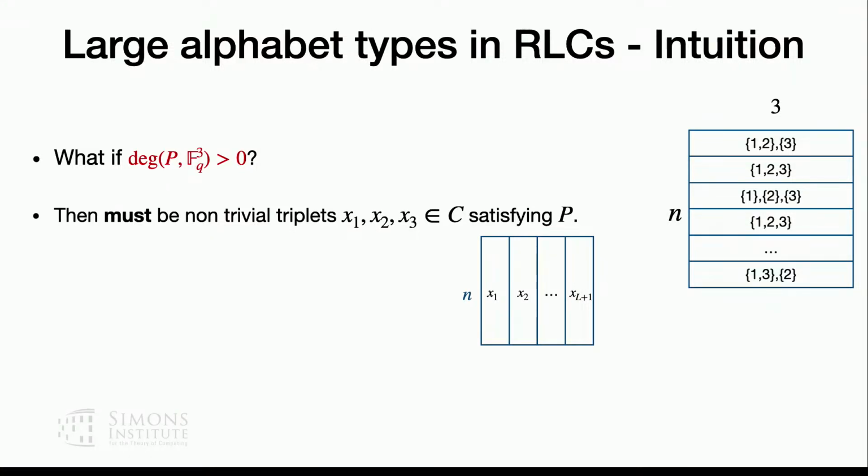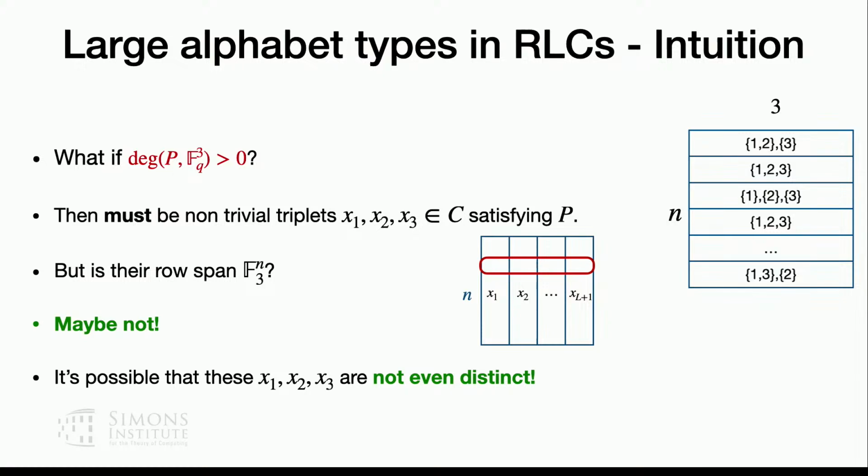Just to give you an example of such a linear relation, it's possible, for example, that they're not even distinct. So it's possible that there do exist non-trivial solutions, but in each of them, x1 is equal to x2, which really defeats the purpose.